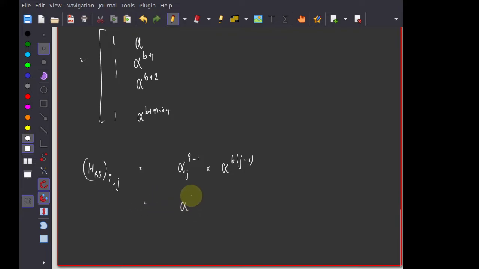This is alpha raised to j minus 1 times i minus 1, times alpha raised to b times j minus 1, which is nothing but alpha raised to i minus 1 times b plus j minus 1.